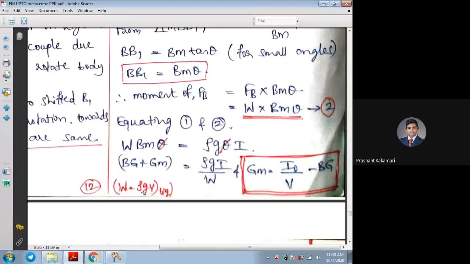So I have written I naught divided by volume, or 1 by volume into I naught, minus BG. This gives the main equation for the metacentric height, that is GM equal to I naught by V minus BG.